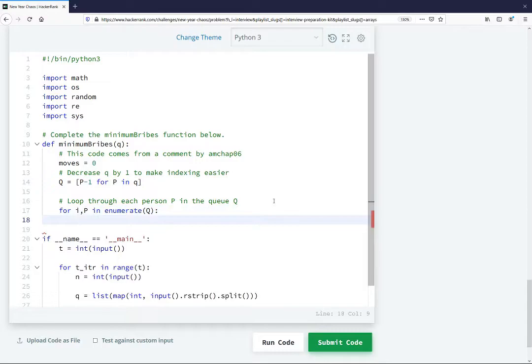So this seems to be a really common tool for these sorts of problems. Okay, so remember, I is the current position of person P, while P is their original position.